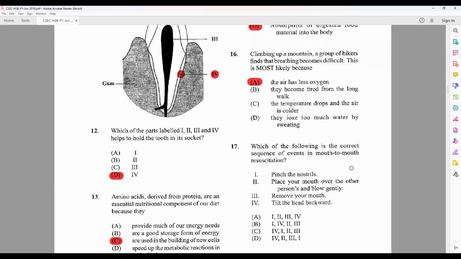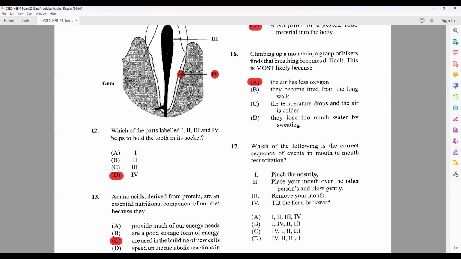Which of the following is the correct sequence of events in mouth-to-mouth resuscitation? Remember, mouth-to-mouth resuscitation is not to be mixed up with CPR, cardiopulmonary resuscitation. 1, pinch the nostrils. 2, place your mouth over the other person and blow gently. 3, remove your mouth. And 4, tilt the head backwards.